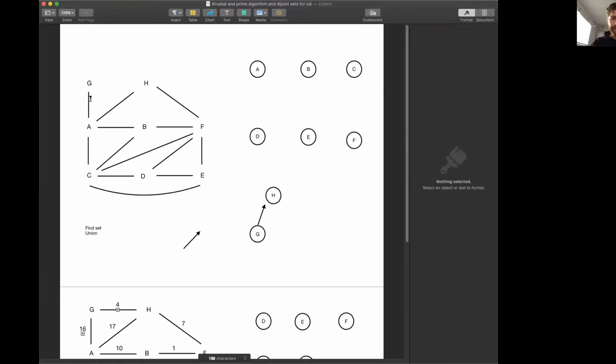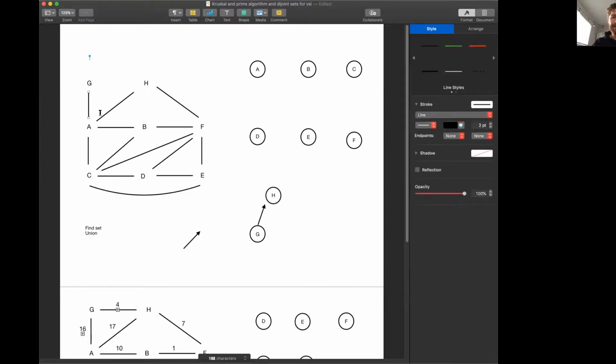Now, I'm going to process the edge GA, and again, I'm going to run find set on G. What should find set on G give me? Find set on G should give me H. That's correct, because what I'm saying is, tell me what's the root of the disjoint set that G exists in.